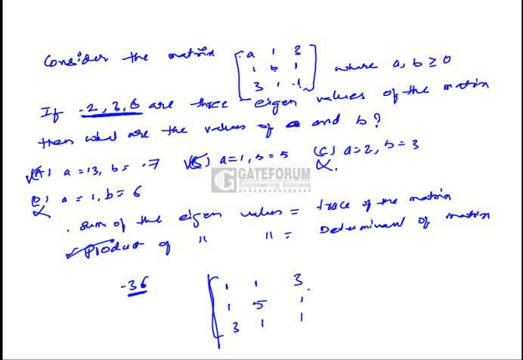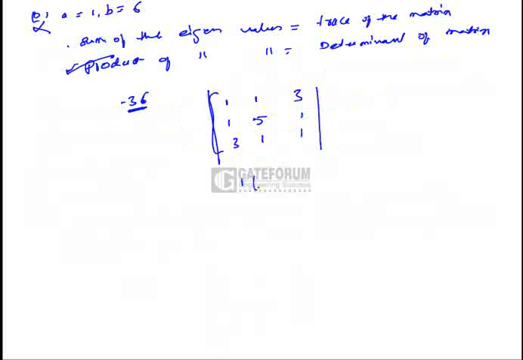So if we find the determinant, 1 into (5 minus 1), minus 1 into (1 minus 3), plus 3 into (1 minus 15). So this is 4, minus of -2 so plus 2, and this will be minus 42.